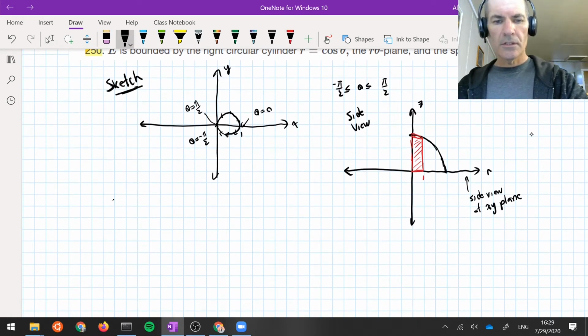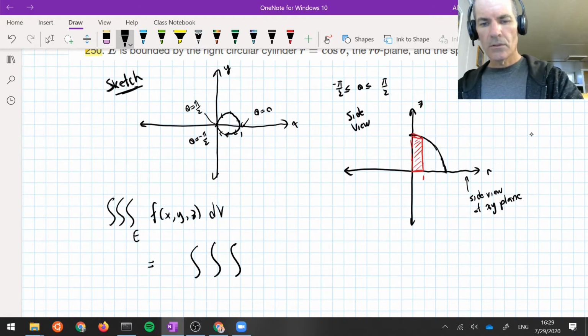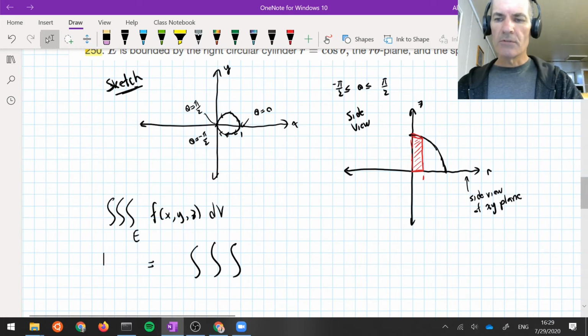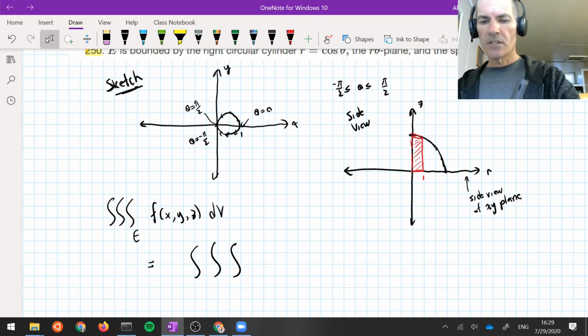So the triple integral over E of f of x, y, and z dV is going to be a triple integral. We've got to choose an order of integration. I'm going to choose z first because I feel like going from the xy plane up to the surface parallel to the z-axis is an easy first integration.